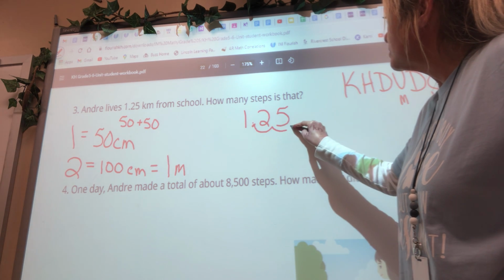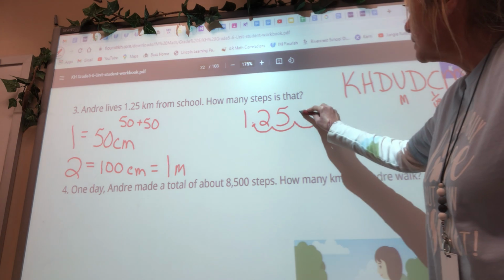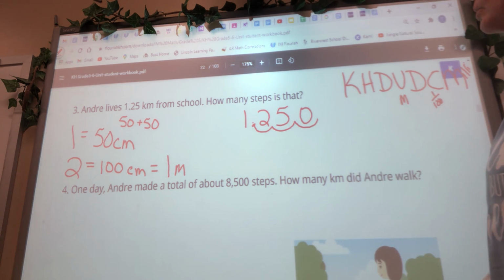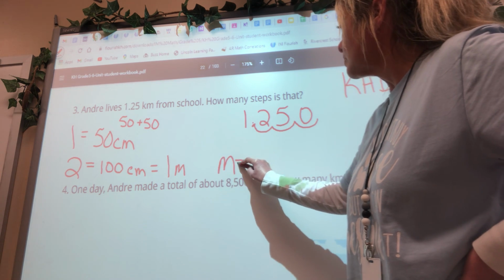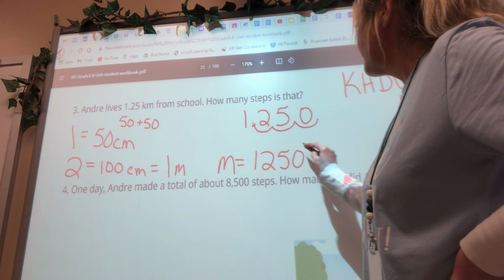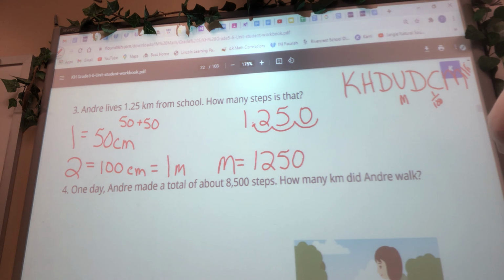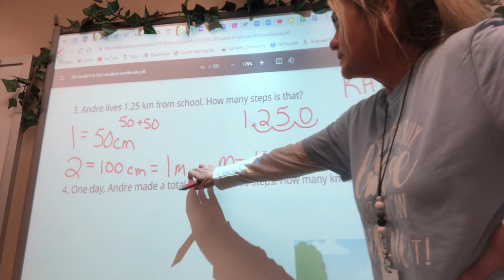So 1, 2, 3, and anywhere we have an empty loop, we put a 0. So in meters, if we're thinking in meters from school, it would be 1,250. Okay?